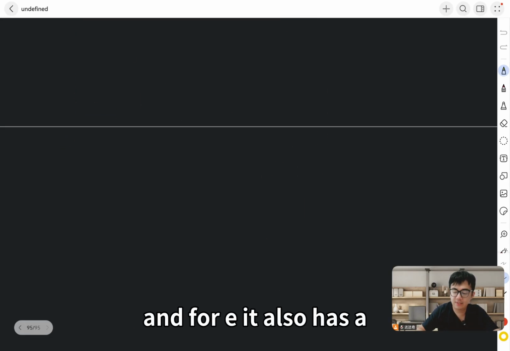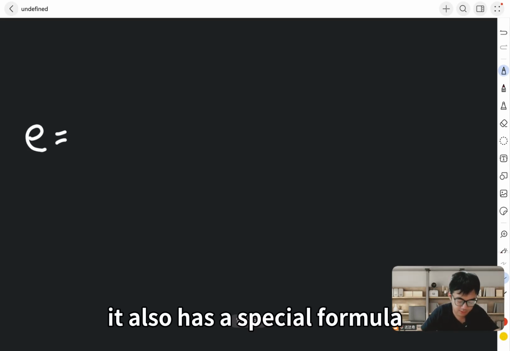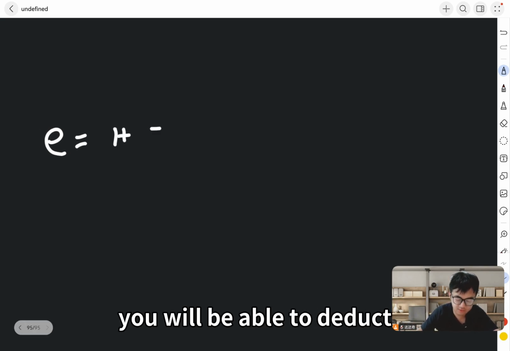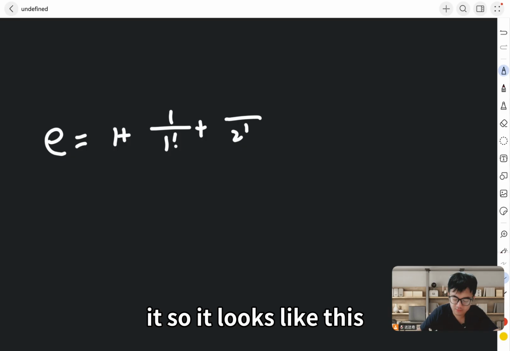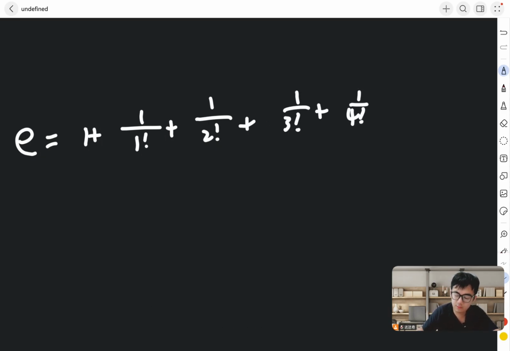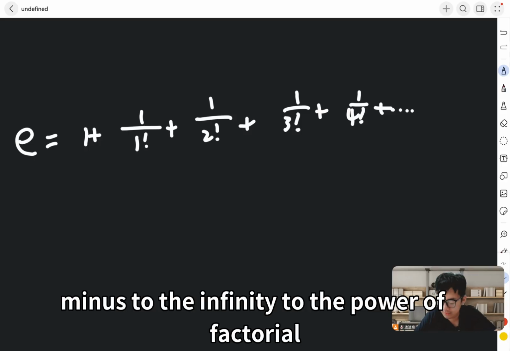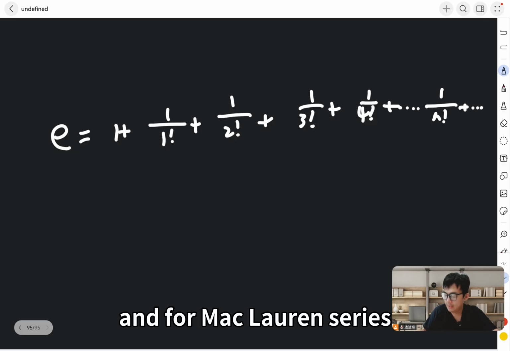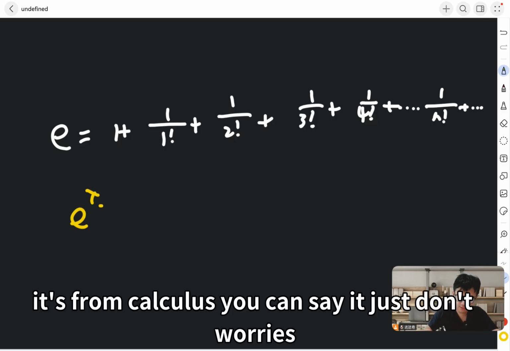And e also has a special formula. If you learn the Maclaurin series in the future, you will be able to deduce it. So it looks like this, which is really beautiful. It's the sum from 0 to infinity of x to the power of n over n factorial. And the Maclaurin series is from calculus.